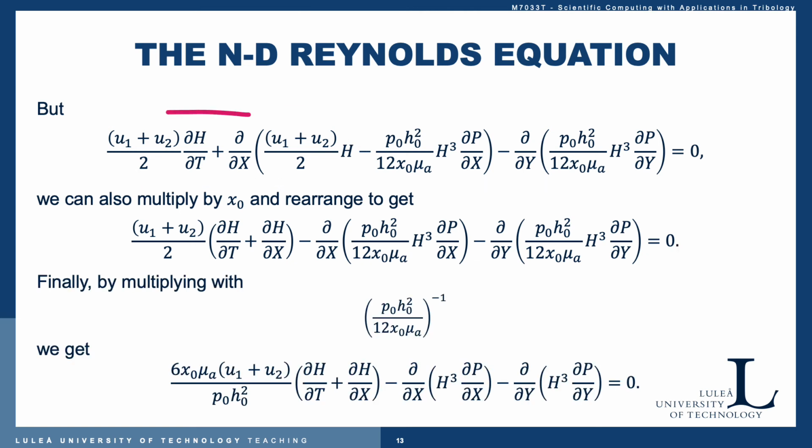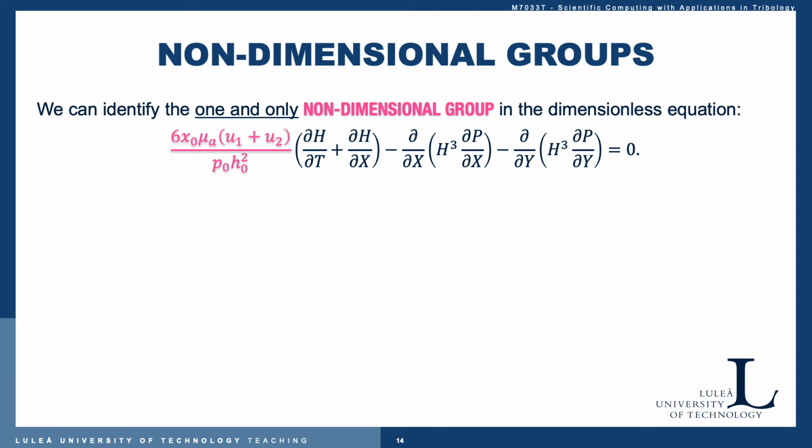And finally, by multiplying with the term appearing inside the d/dx and d/dy Poiseuille terms, we can have the expression on the bottom here. And from this equation we can easily identify the one and only dimensionless group in this dimensionless equation.